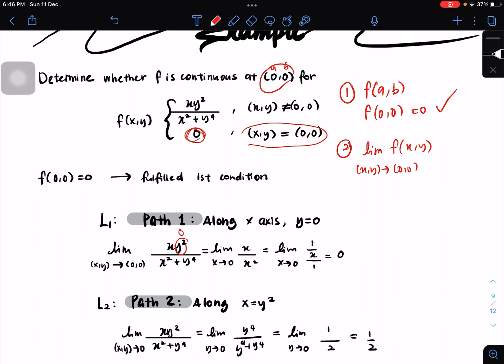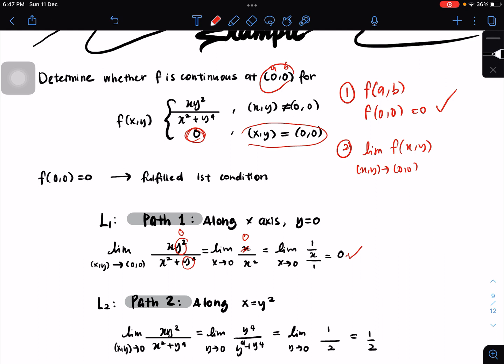So when you substitute here, x multiplied by 0, oh, this is wrong. x multiplied by 0, y multiplied by 0, it will be 0, right? It will be 0 here, it's not x. And then this one is 0, so we have x squared in the denominator. So 0 divided by x squared is equal to 0. So your first limit is equal to 0.